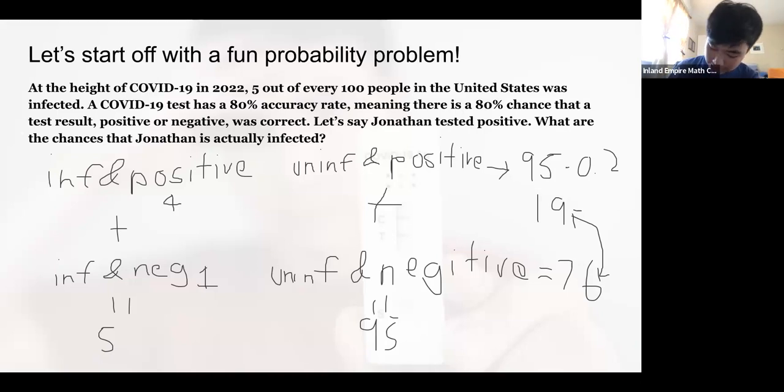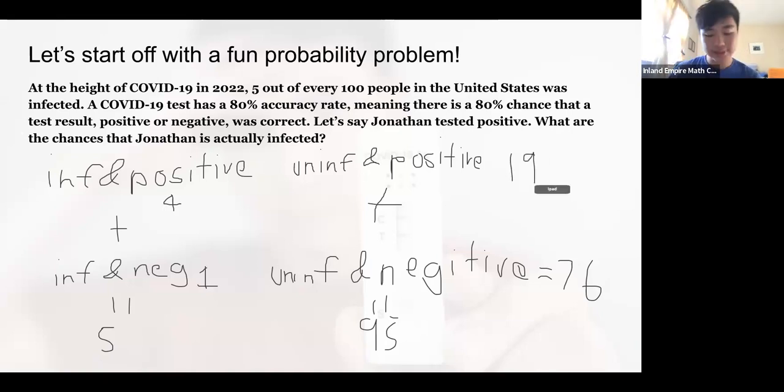So anyways, after we figured out that there are 4 people who are infected and positive, 1 person who is infected and negative, 19 people out of the 100 who are uninfected and positive, and 76 out of the 100 who are uninfected and negative.